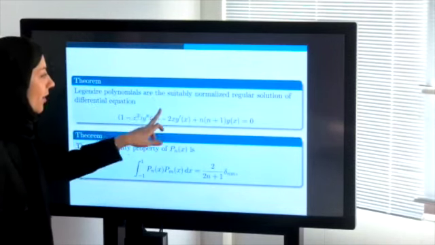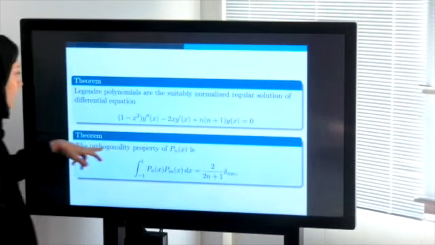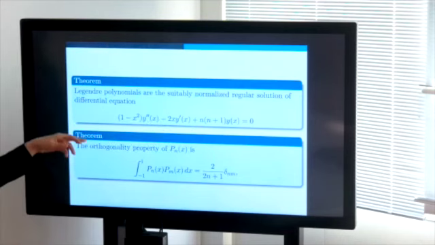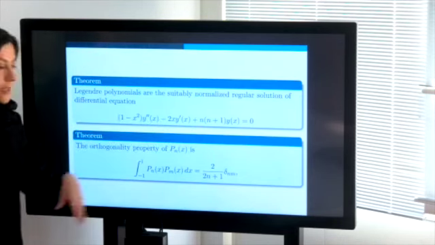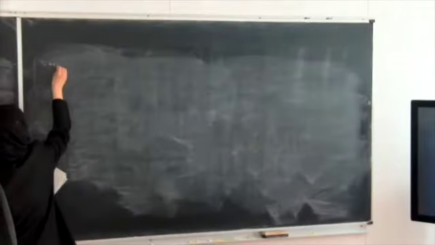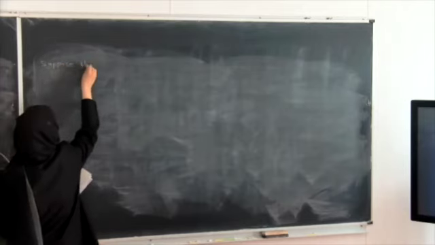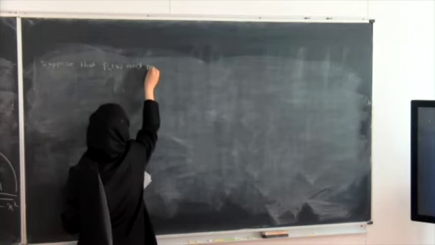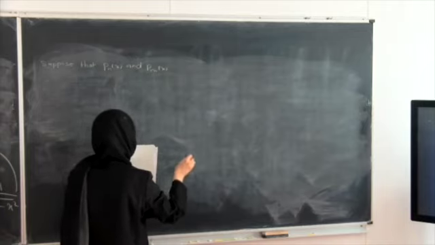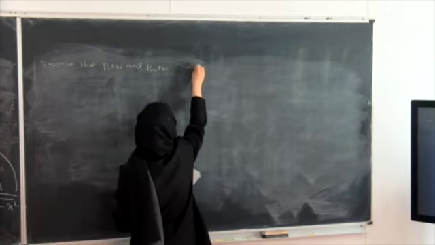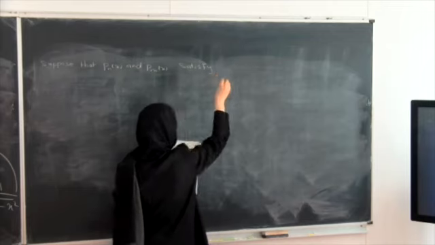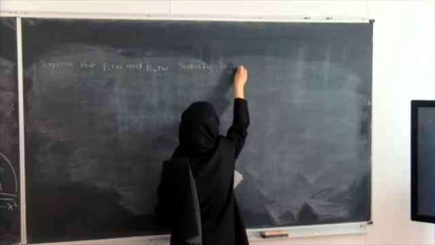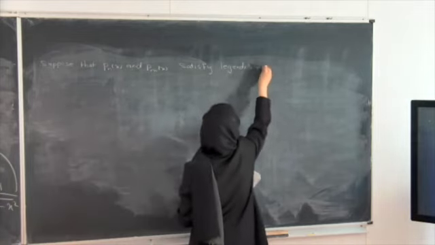Okay. Here we said that Legendre polynomials are the solution of this differential equation, and here I want to use this equation. Suppose that Pn of x and Pm of x satisfy Legendre's equation.